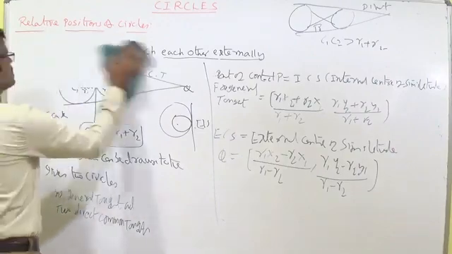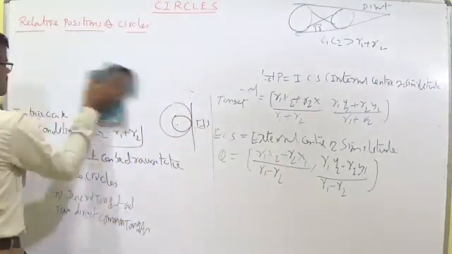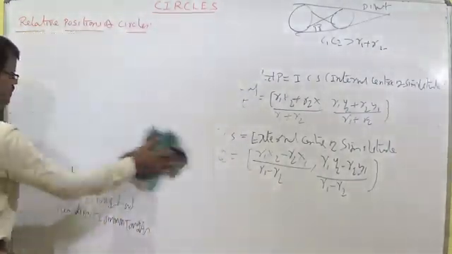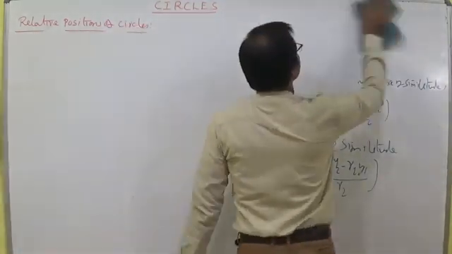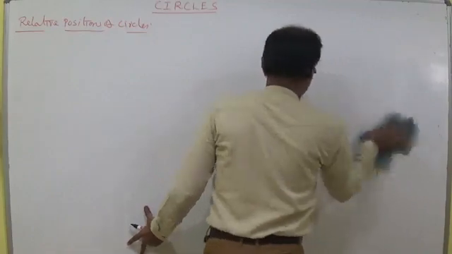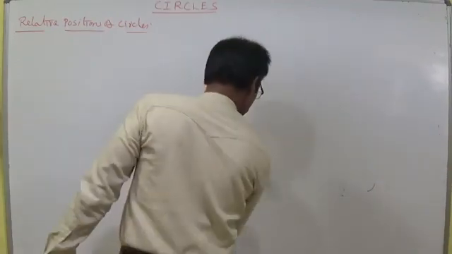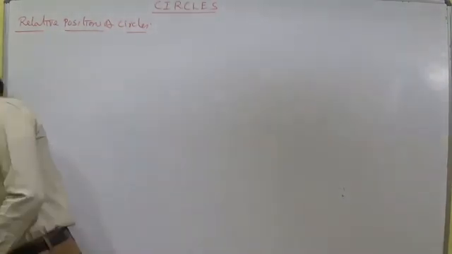Now case 3, two circles intersect. So the distance between the two circles is becoming less than the sum of radii. Case 3.